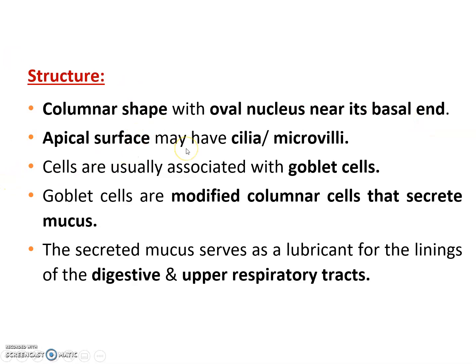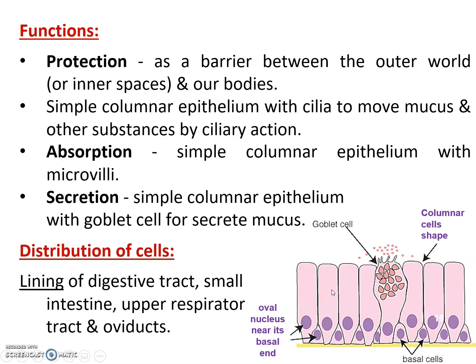The apical surface, meaning the free surface, has cilia or microvilli. The cells are usually associated with goblet cells. A goblet cell is a modified columnar cell that secretes mucus. The function of the mucus is as a lubricant for the lining of the digestive and upper respiratory tracts.